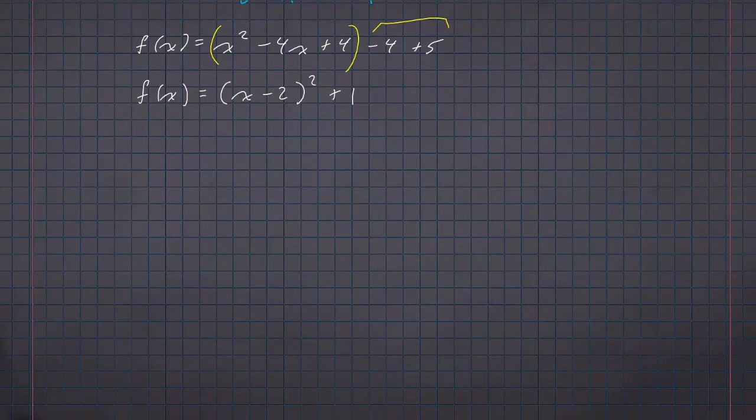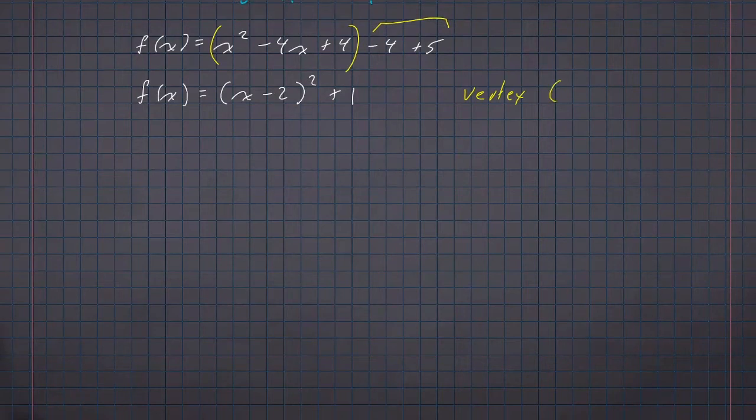In fact, for this particular case, the vertex is h, although I'm using the same letter for different things. Remember, in the general form of the parabola, we want that to be minus.